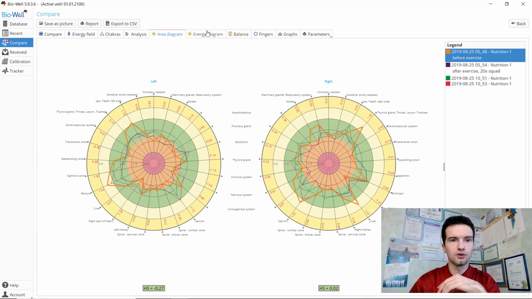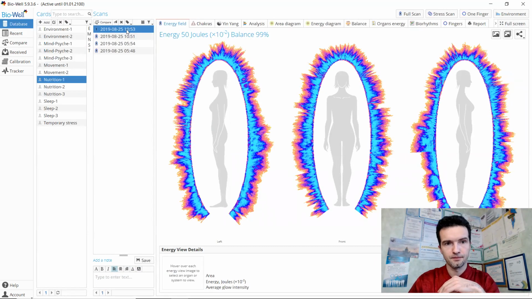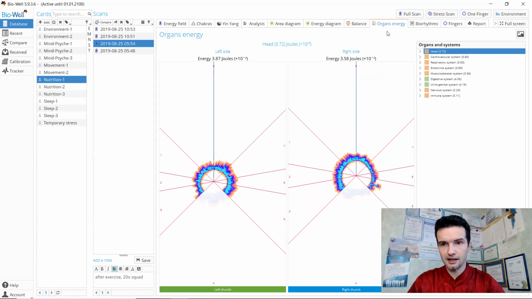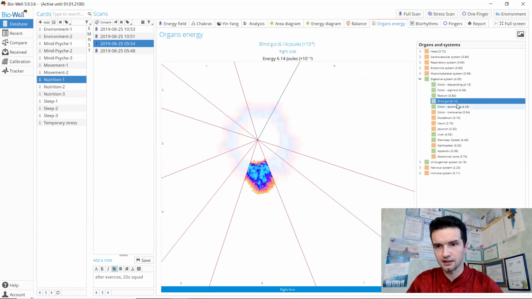And also, if you go to the scans and you go to the energy of organs, you can go to the digestive system and you can see that the blind gut is outstanding here. So you see it's quite high for this person.